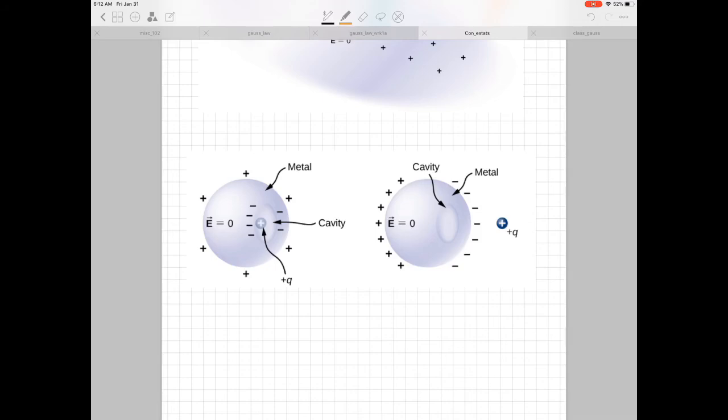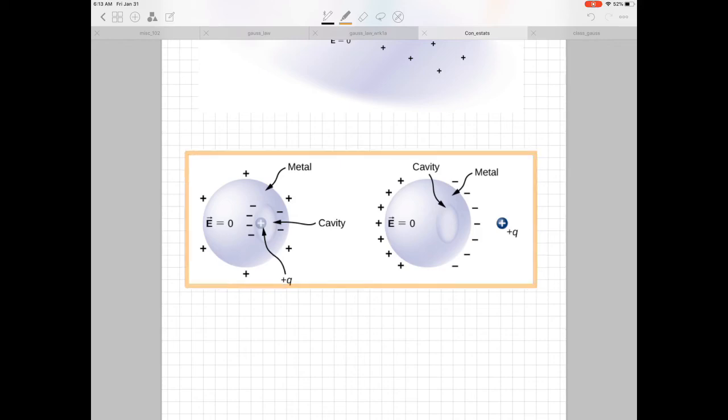This bottom figure just touches on what we talked about on the previous page, that the excess charge for a conductor resides on the outer surface, and the electric field on the inside of a conductor is always 0.